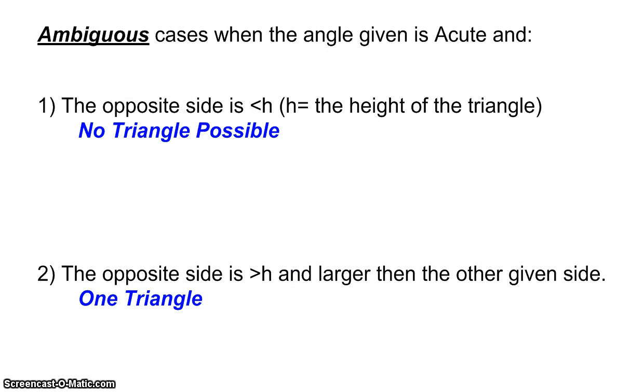Now this brings us to the ambiguous cases where the given angle is acute. Now that means less than 90. So when we're dealing with these triangles, we have several possibilities. The opposite side is less than h. So remember, h is the height of the triangle.